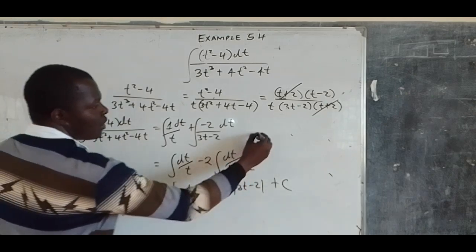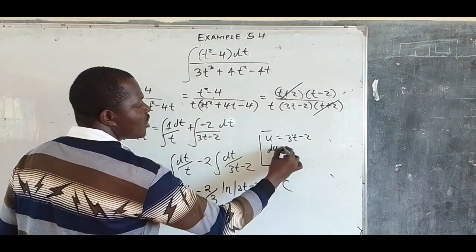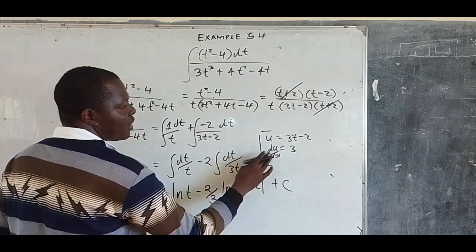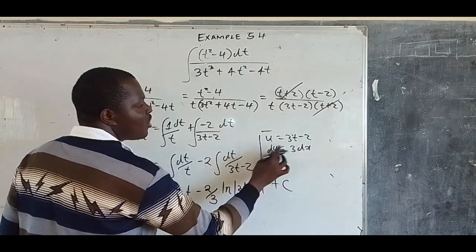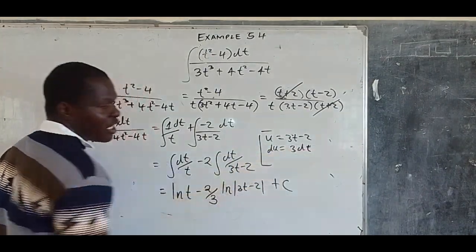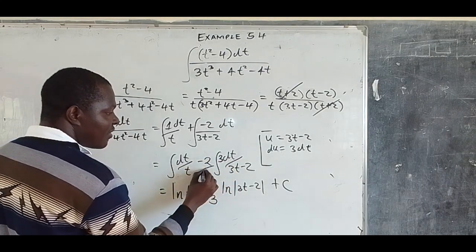When you say u is 3t minus 2, meaning if you differentiate u with respect to x, you get du over dx is 3, isn't it? Then you take dx to the other side, meaning du is 3 dx. So it means here is dt, I mean, is 3 dt. So you multiply the numerator by 3, then you divide.